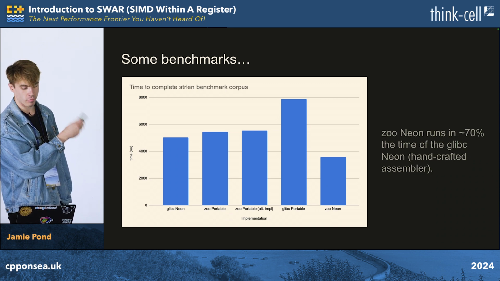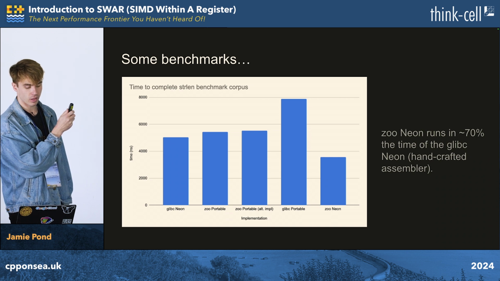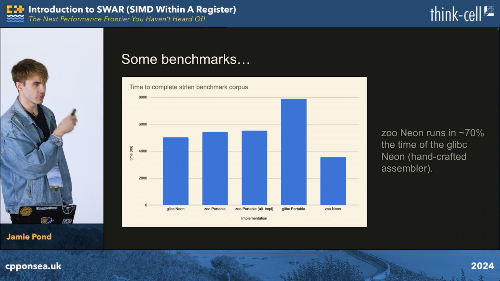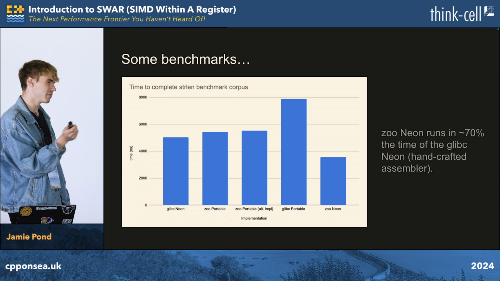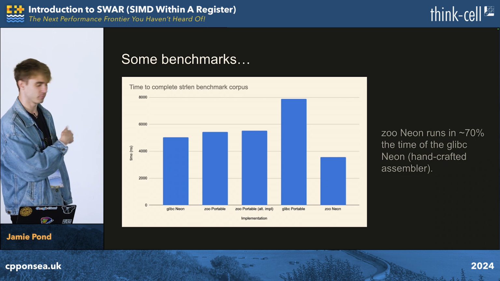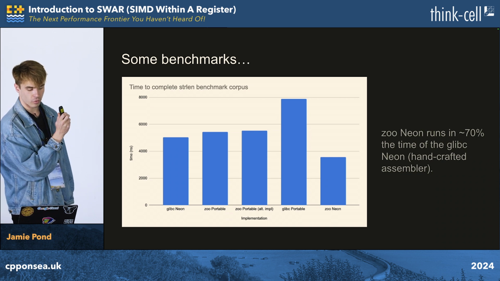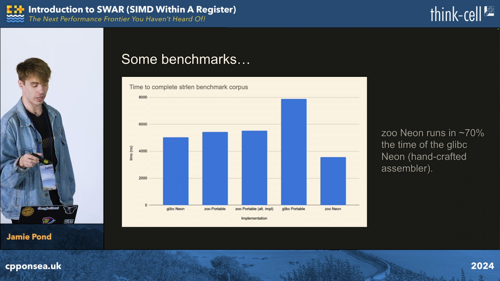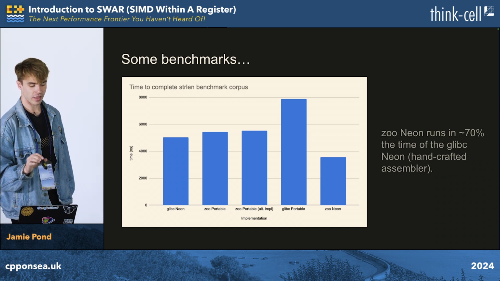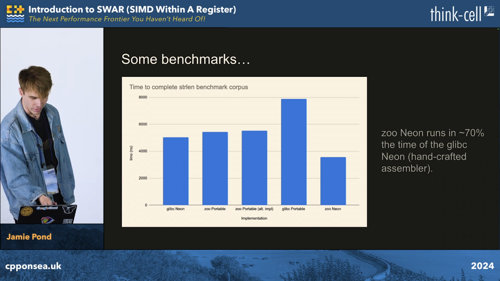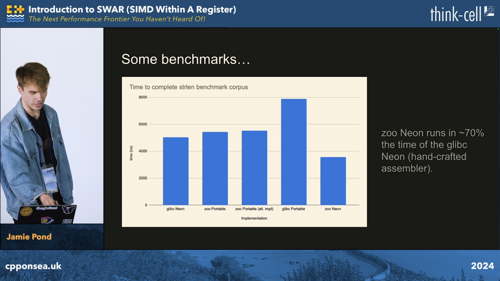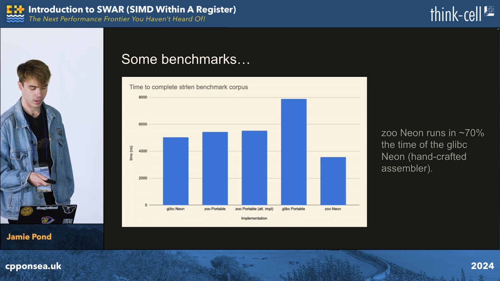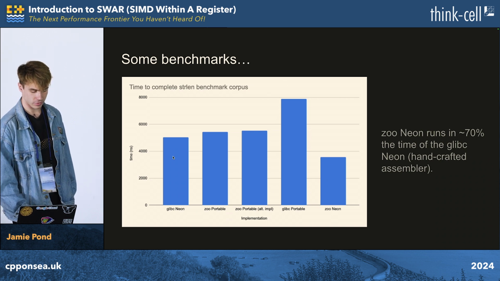These are benchmarks going over a randomly generated corpus of strings, prime-flavored lengths of strings, and all that sort of thing. This benchmark I was running on this computer, by the way. So glibc, their Neon implementation of string length, takes, I think, around 5,000 nanoseconds to go over the whole string length corpus. That was this one here.